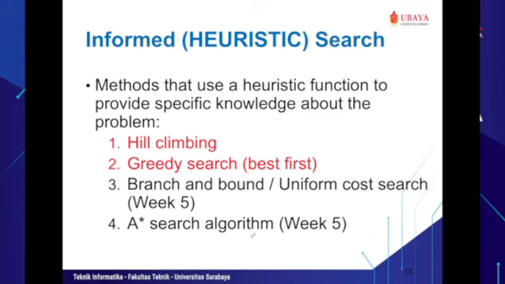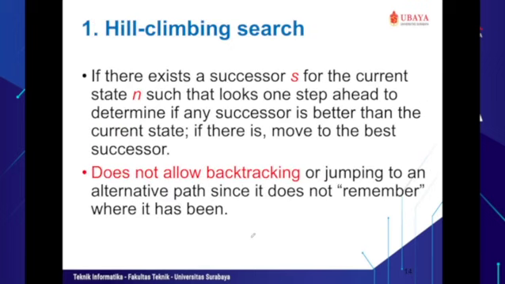Okay, first let's see how hill climbing works, or what the so-called hill climbing search algorithm is. In the hill climbing search algorithm, it works as follows. It looks one step ahead to determine if any successor, the so-called node S, of the current state n is better than the current state.